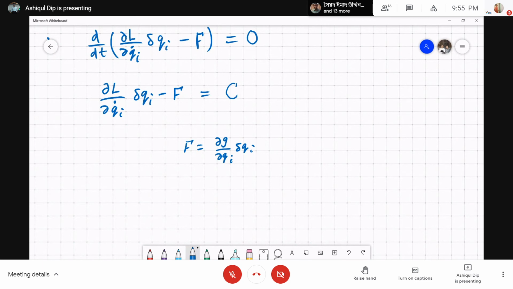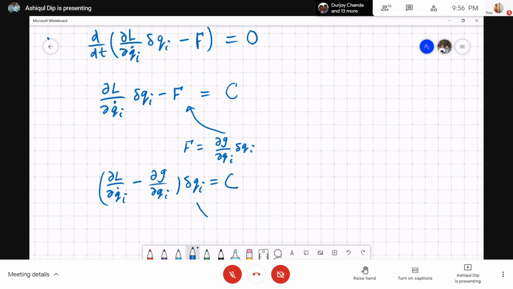Same thing. If you substitute this over there, it gives you (∂L/∂q̇i minus ∂G/∂qi) times the variation of qi equals C. The variation of qi is arbitrary, so the object inside the bracket is a constant.